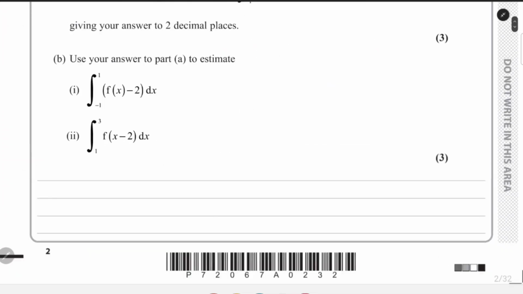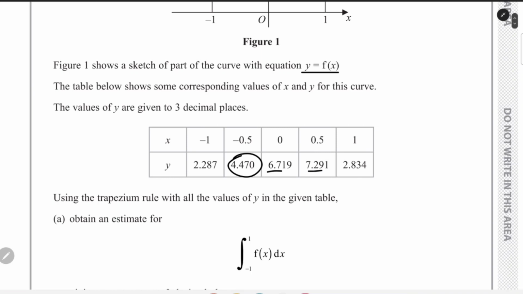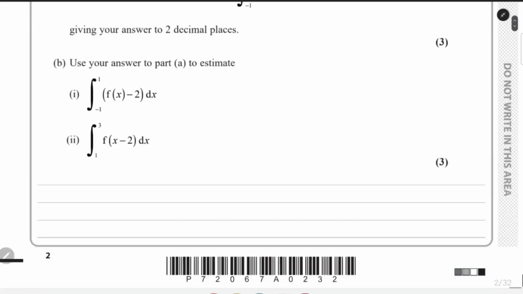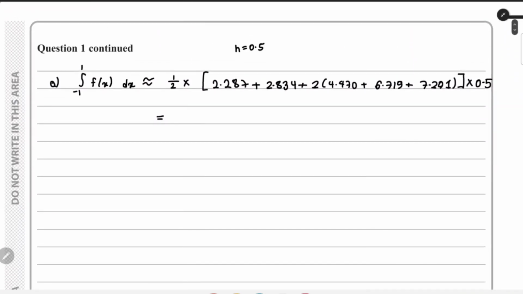The values in between are 4.470, 6.719 and 7.291, multiplied by the height of each strip, which is 0.5. We need our answer to 2 decimal places. If we calculate this to 2 decimal places, we get a value of 10.52.